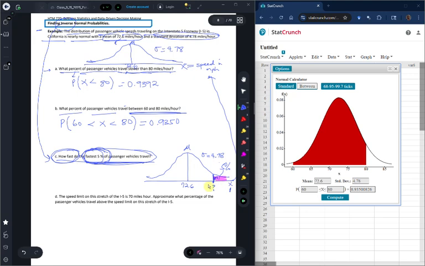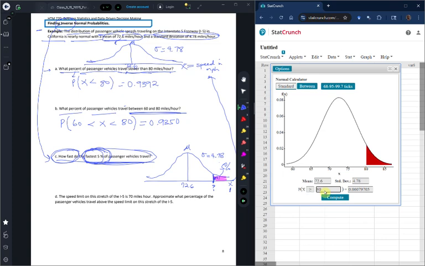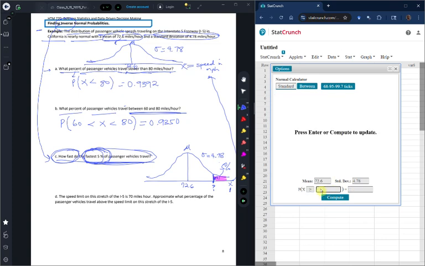Since I'm not looking at areas between, I'm going to switch back to standard, and my parameters remain 72.6 and 4.78 for the mean and standard deviation respectively. I want the area above an unknown value. Since it's above, to the right, I'm going to switch this to above an unknown value, erase that, and set the probability to 0.05, which is 5%, and compute.